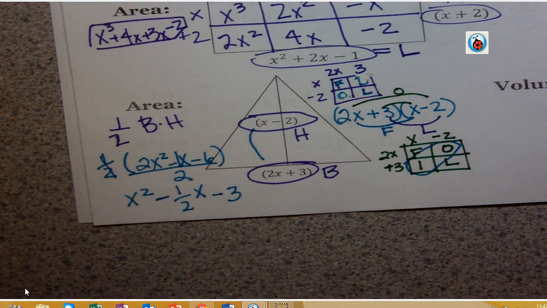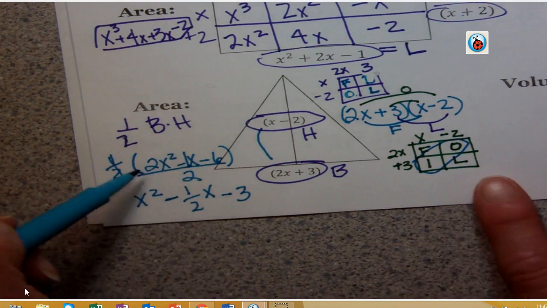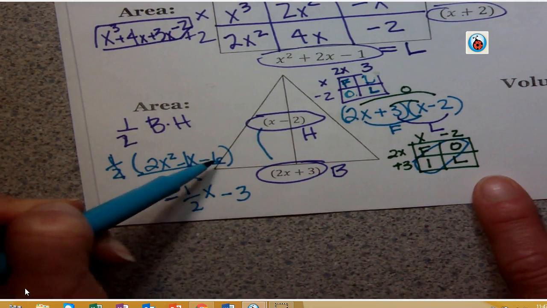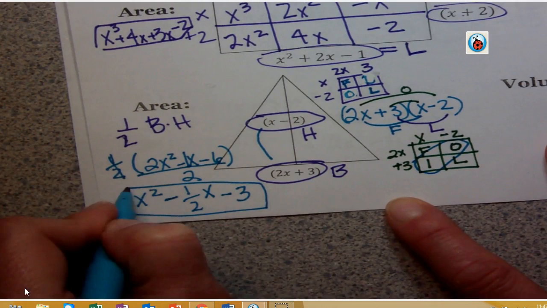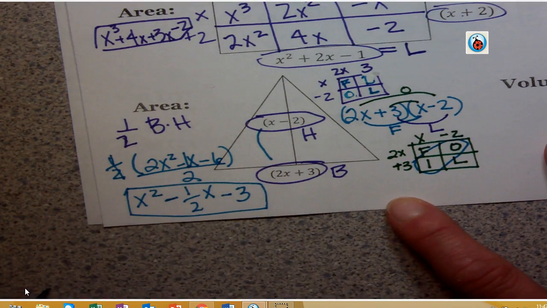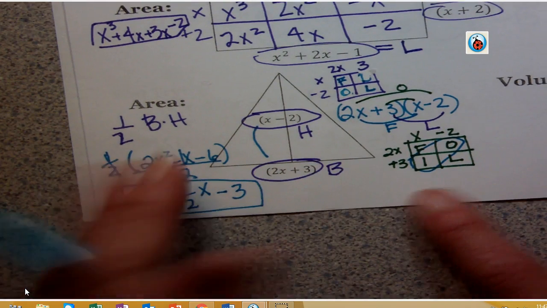So hopefully you got that. So we're going to divide everything by 2. And then here is the answer to the area of this triangle. That was a little confusing, sorry.